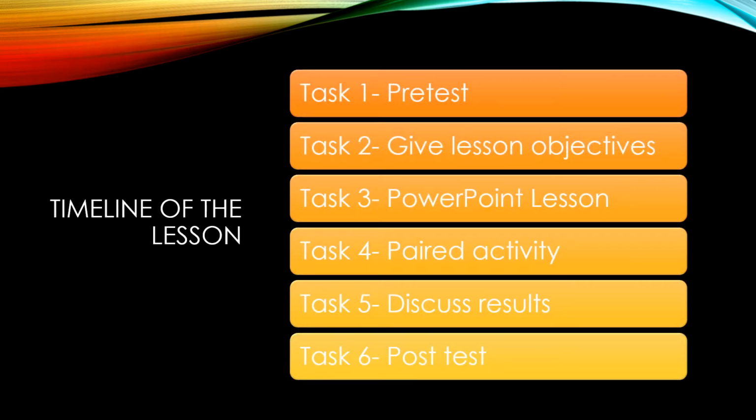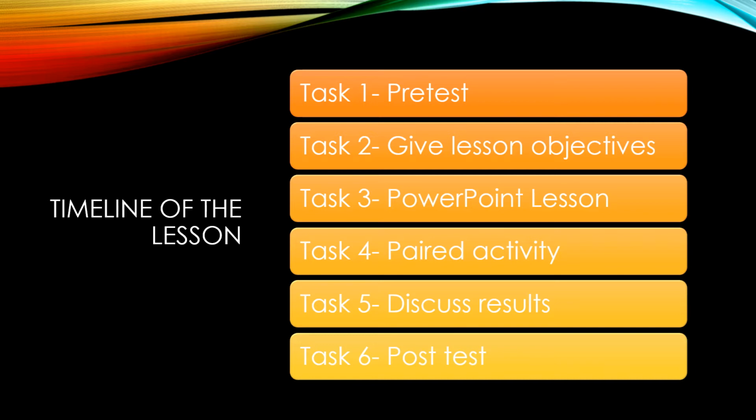Timeline of the lesson. It included a pre-test, which I gave them 10 minutes to complete. Then they were given the lesson objectives to make sure that they're on track. They did follow the PowerPoint lesson. They did have 15 minutes to read it on their own. And if they had any questions, I was there and present.